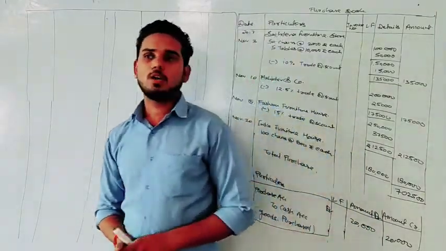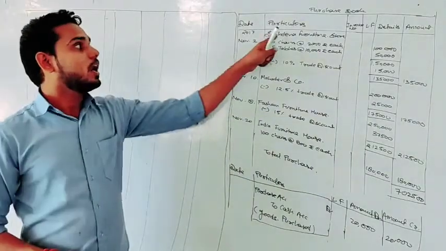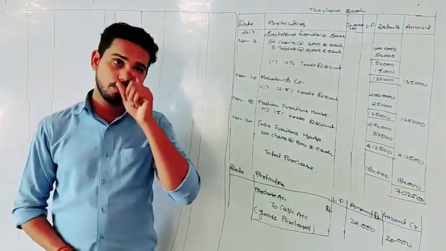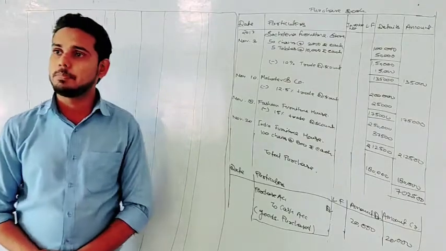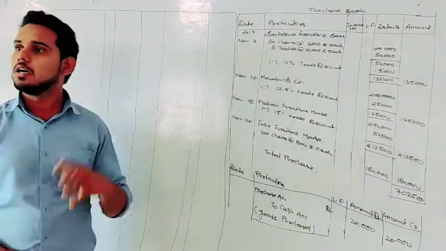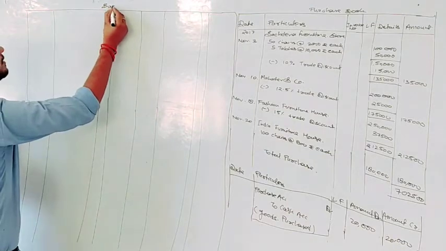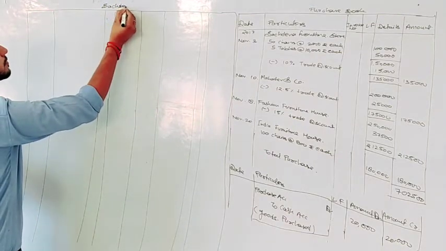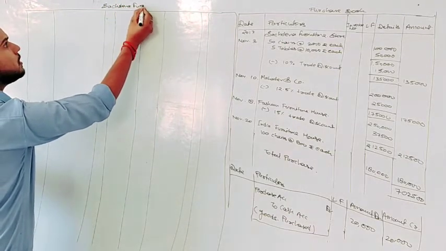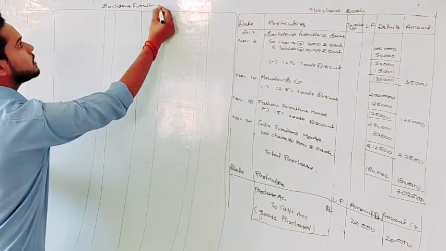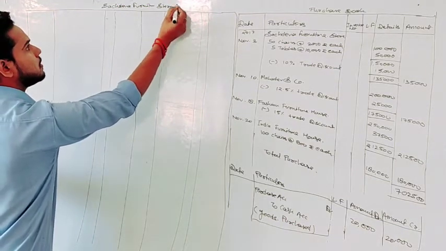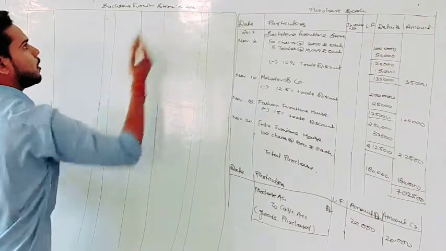Okay. So the first account that we are going to prepare is what? Account for Sachdeva Furniture Store. Whatever account we prepare, first we will record the name of that particular account. So first we will write Sachdeva Furniture Store account. Okay, right.